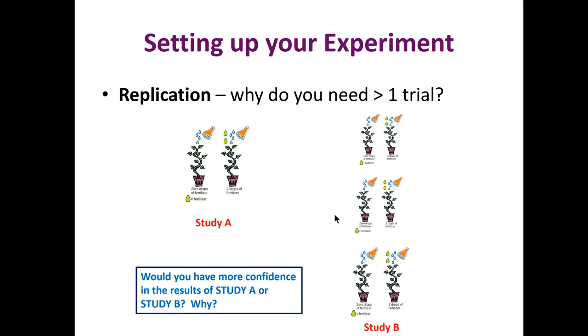If we do just one trial, something might go wrong. We might have a mistake, or it might not work. Something could throw off our results, so it's actually really different than what it would be most of the time. So if we do multiple trials, we can make sure that our results are consistent and reliable.